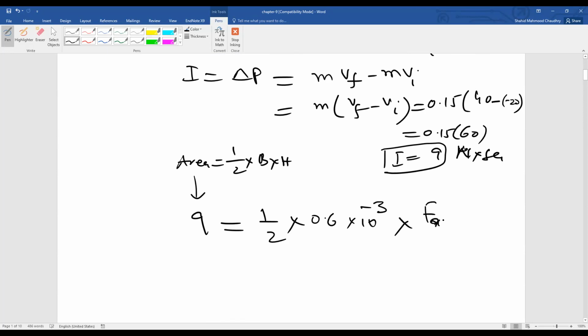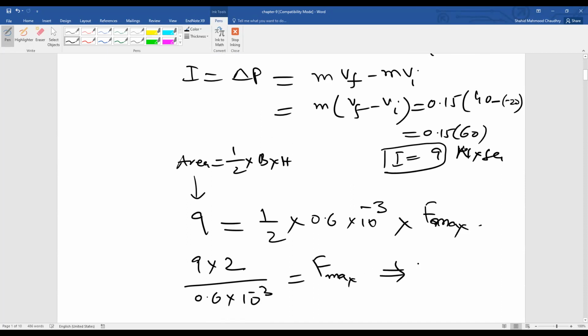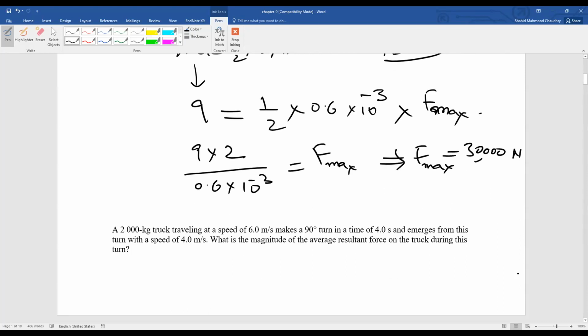The height is the maximum force, this we need. Now you can solve it. 9 multiplied by 2 divided by 0.6 into 10 raised to power minus 3. When you solve it, you will get F max is around 30,000 Newton. Okay.